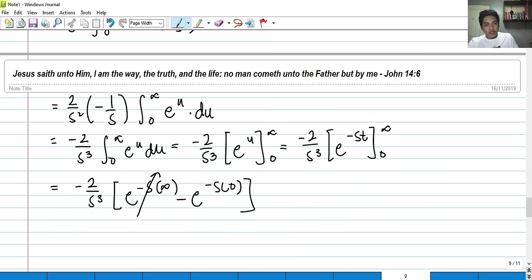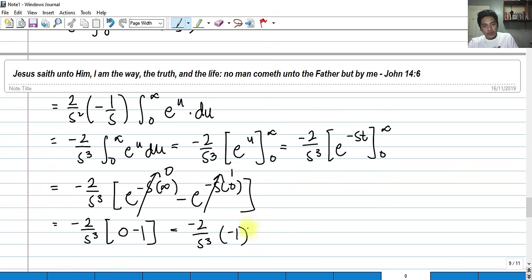So again, this is 0, and this is 1. So we have negative 2 over s cubed multiplied by 0 minus 1, or simply negative 2 over s cubed multiplied by negative 1 is simply 2 over s cubed. So that is the Laplace transform of our function t squared.